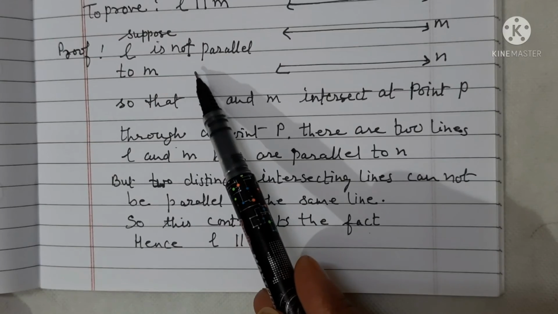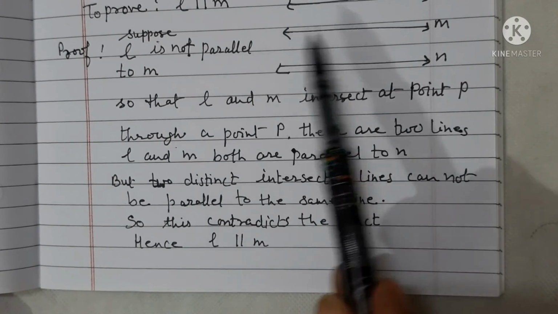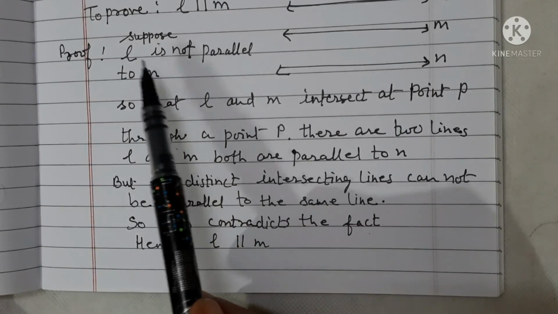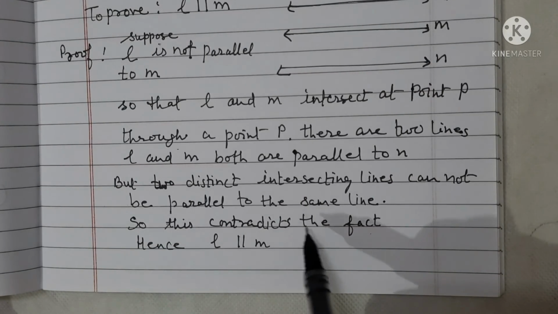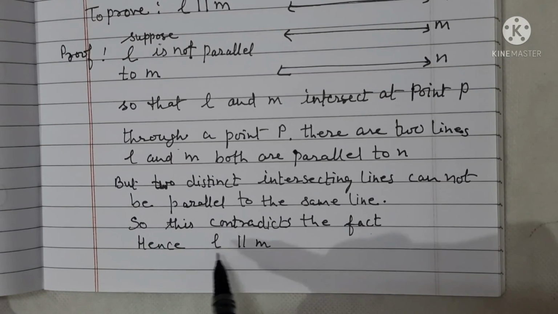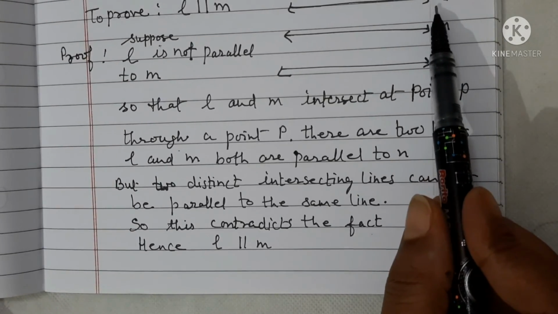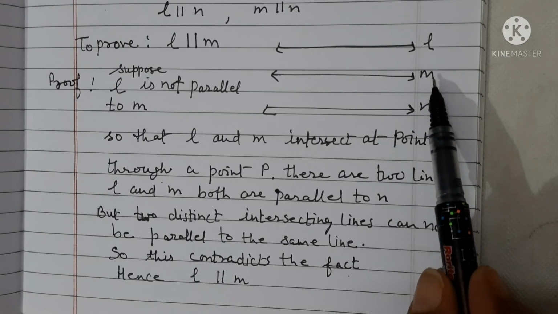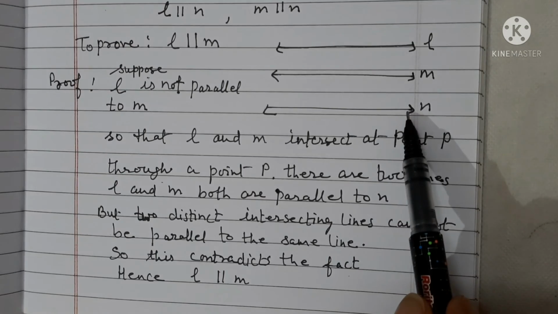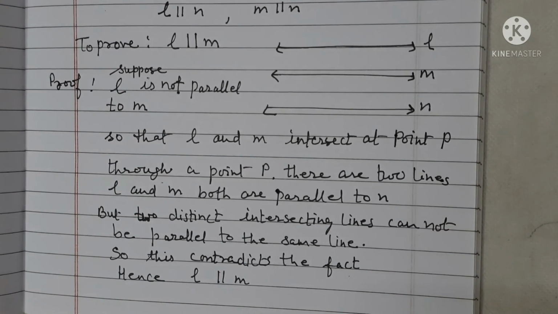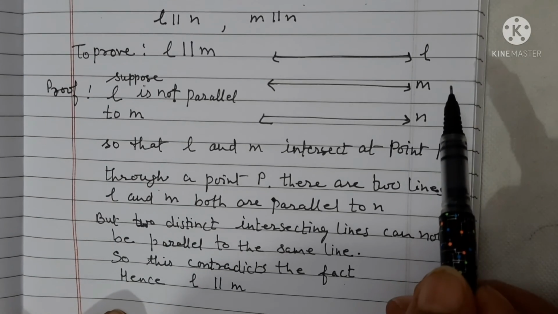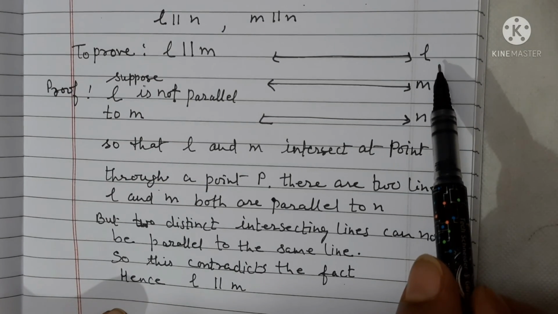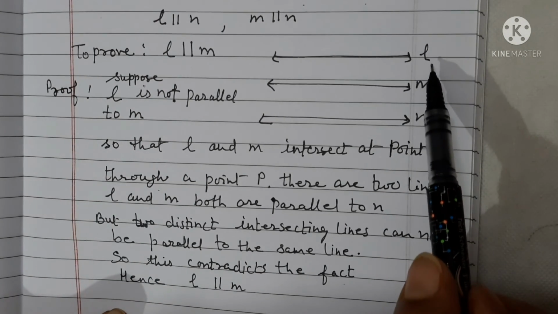So here we assume that L is not parallel to M. It is against the fact, and hence L is parallel to M. Both are parallel to the third line also, N. And according to Euclid's first axiom, things which are equal to the same thing are equal to one another.